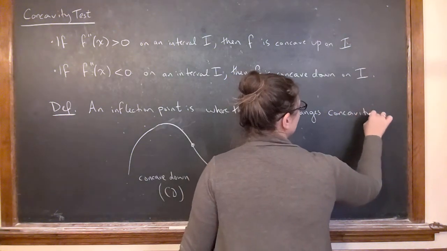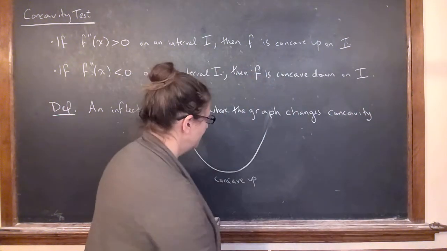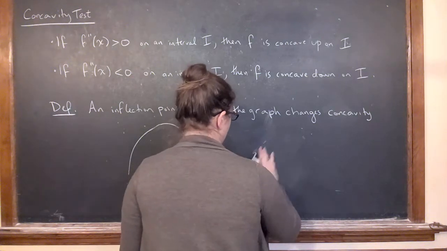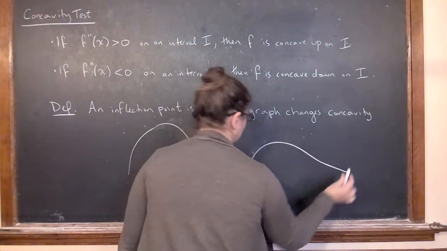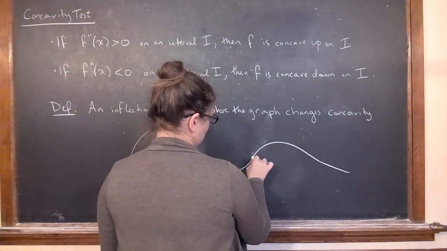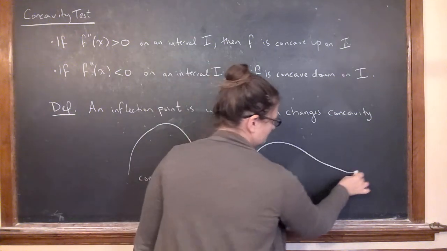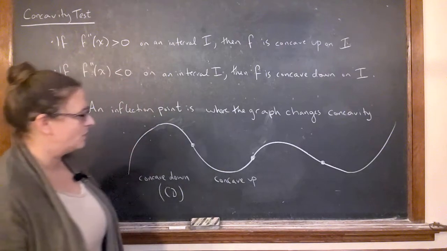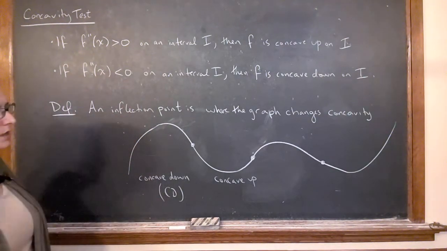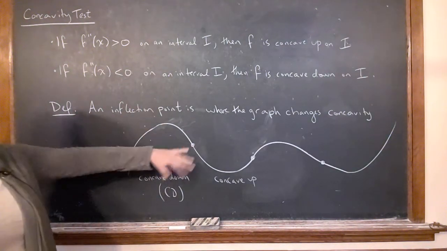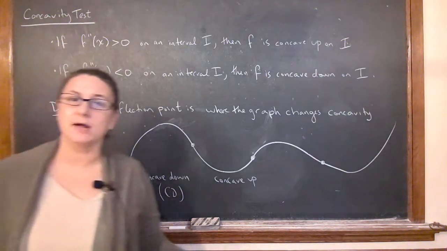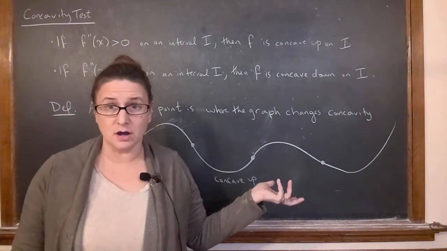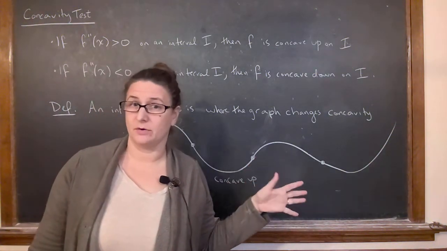Because it could be changing from concave up to concave down. Let me put another one in here, right? So we've got some extra stuff. So here, this is changing. Now that's concave down. Now this looks like it's going concave up again. So if I have a graph like that, I'll have a whole bunch of points in there. And what's happening is at those points, the second derivative is changing sign. So most often, the second derivative is going to be 0 there, okay?